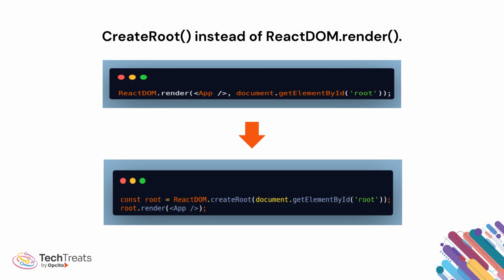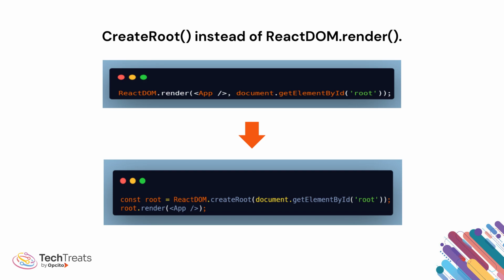You can avoid multiple searches of the DOM by storing the root element in a variable, but the new root API with createRoot maximizes readability. Long answer short, the primary distinction between createRoot and ReactDOM.render is that createRoot generates a new root container for rendering components, whereas ReactDOM.render renders components directly to a given DOM element.